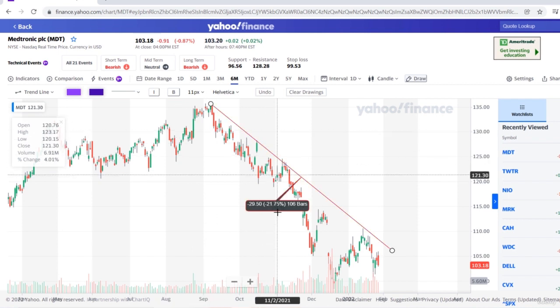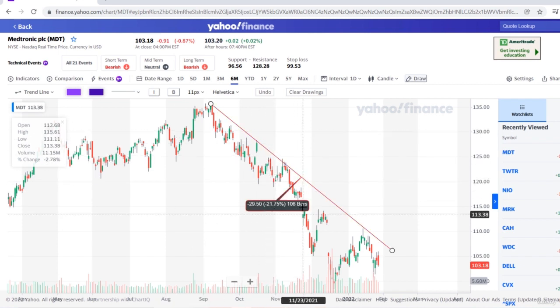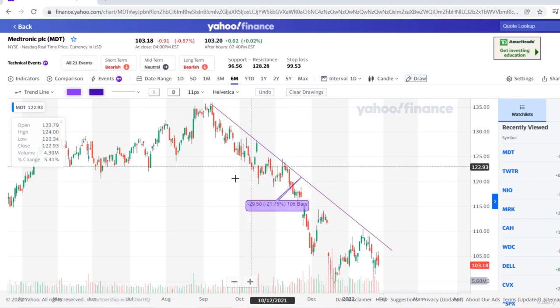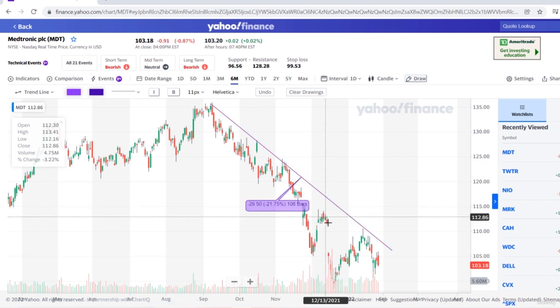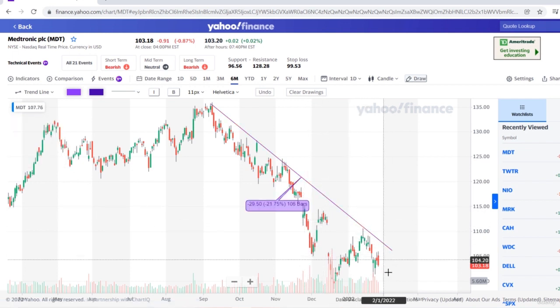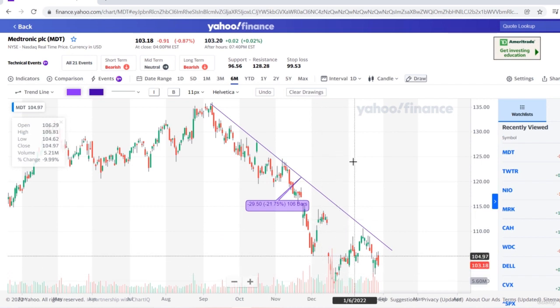In fact, Yahoo Finance does a nice thing where it shows that we've got 106 different days or bars, and it's down 21.75%. It tried to break through a whole bunch of times in this period, like 4 or 5 times, but never broke through and then went down. Then it tried to come back up again and dropped down, and then we see another touch here and down. So that's one thing we're seeing as far as being in a downward trend.